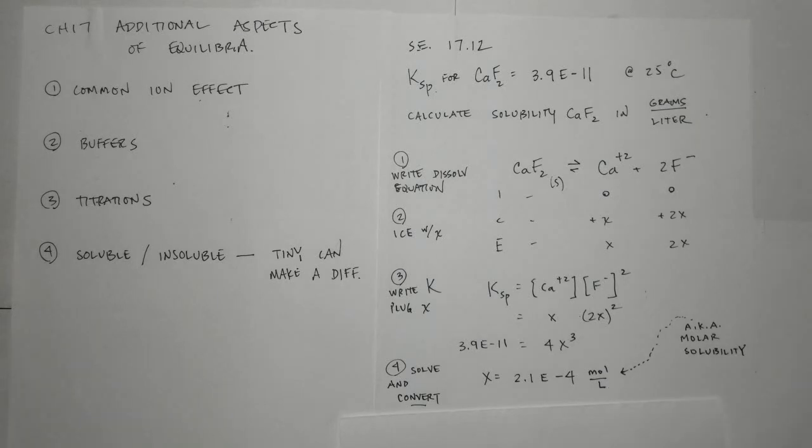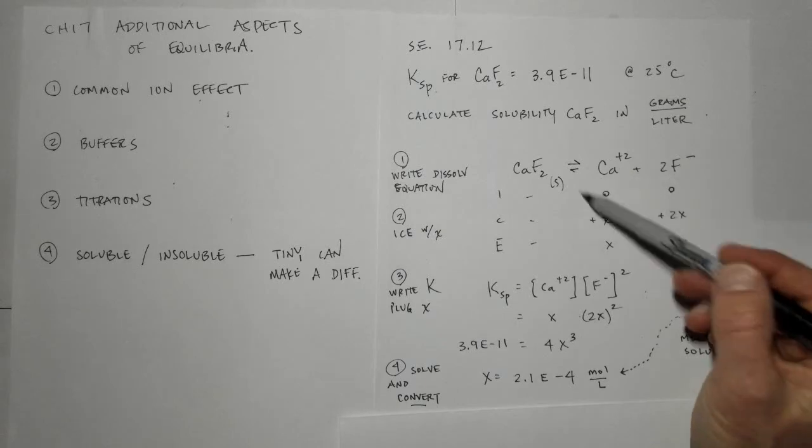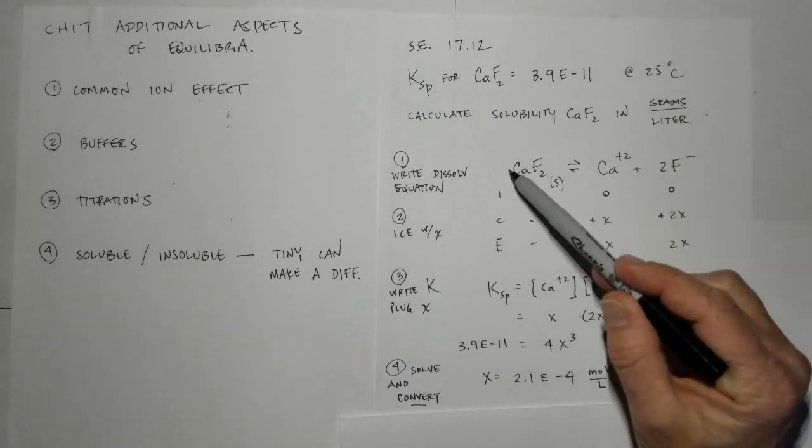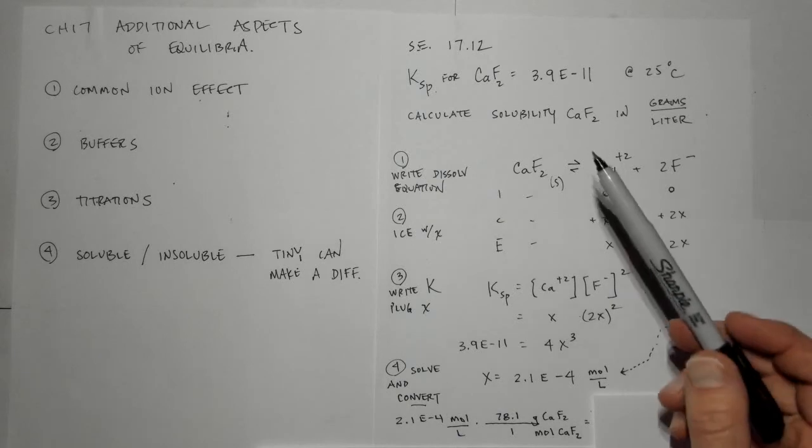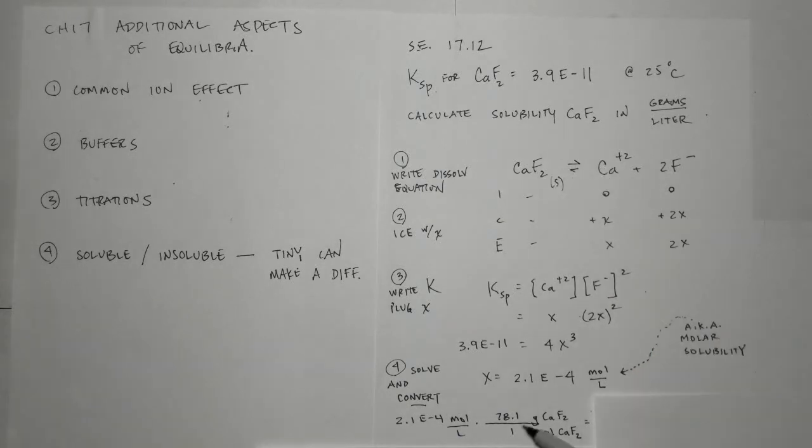And the one that I want to choose is the ion up here that has a 1-to-1 ratio with the calcium fluoride. And so I'll take my 2.1 times 10 to the negative 4th, and then for calcium fluoride, adding that up, there's 78.1 grams in 1 mole of the calcium fluoride.